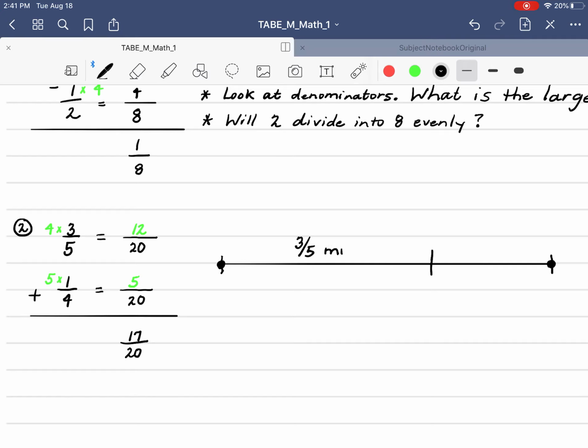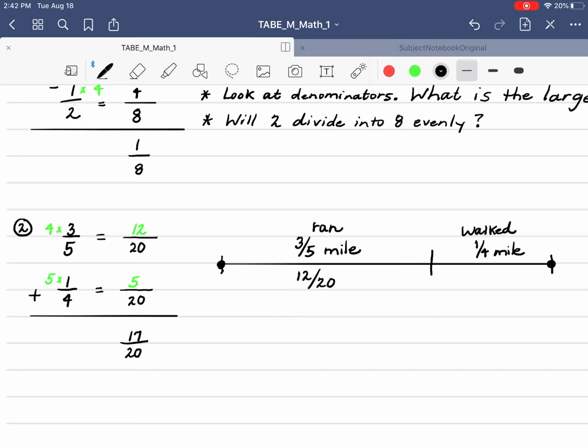So he ran for 3/5 of a mile. And then this last segment of his journey, he walked 1/4 of a mile.